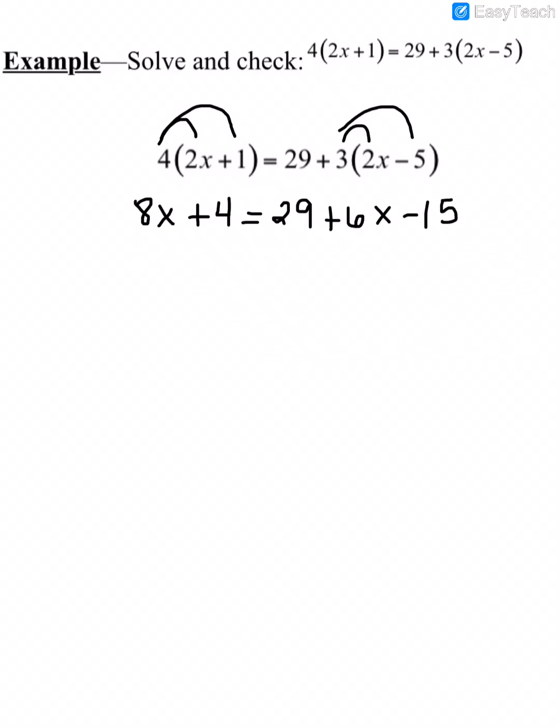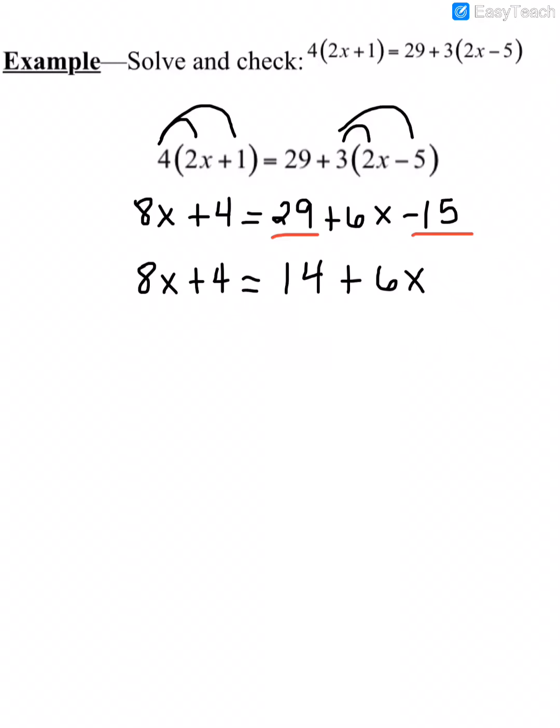Alright, then the next step is to combine any like terms that are already on the same side of the equation. Well, on the left side, there's not any like terms, but on the right side, these two constants would be like terms, so I want to go ahead and combine those. So this stays the same. And then if I combine positive 29 and negative 15, that's going to give me a positive 14 plus 6x.